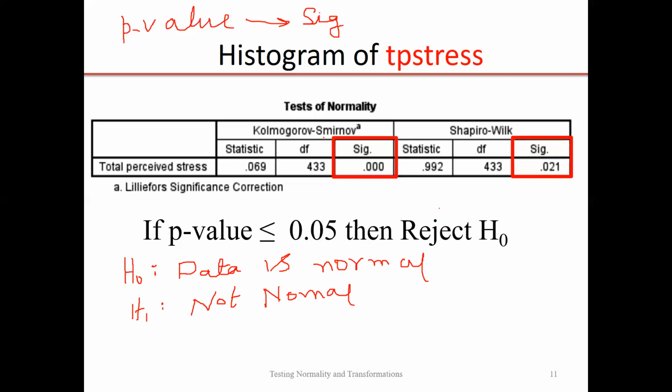So by the Kolmogorov test, we reject the null hypothesis of normally distributed data, and we can say the data is not normal. By the Shapiro test, at the 5% level of significance, we also reject the null hypothesis. So both tests say perceived stress is not normal.